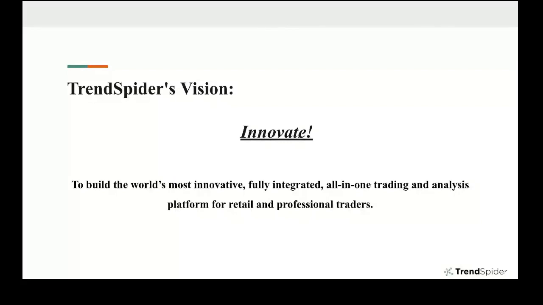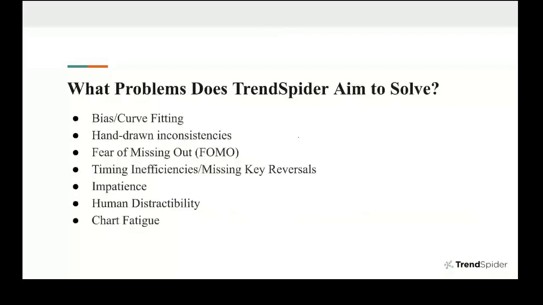The way we do that is through a number of features that aim to solve problems such as impatience, bias, and inconsistencies.